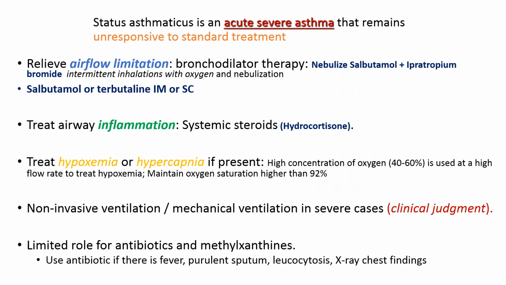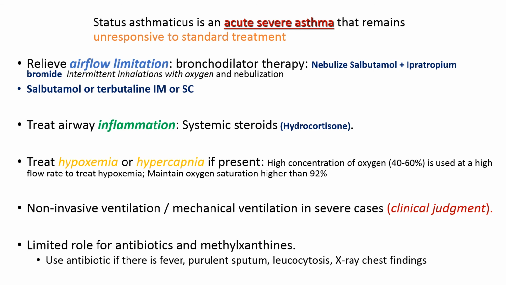Now the last comes the status asthmaticus. Status asthmaticus is an acute severe asthma, and in status asthmaticus the patient will not respond to the standard treatment protocol that usually is recommended, and the patient will suffer from the two major aspects of bronchial asthma pathophysiology.